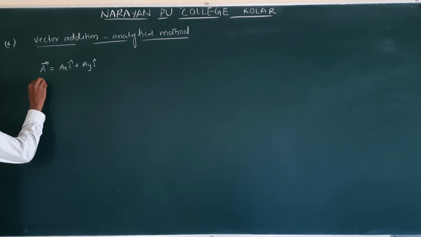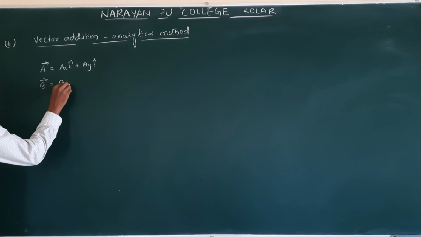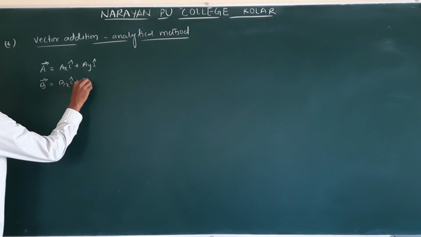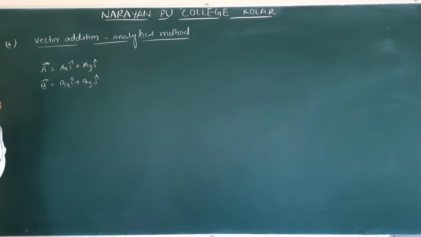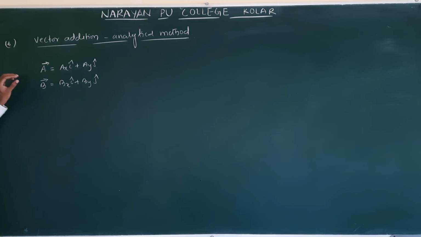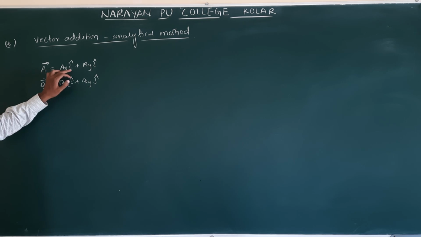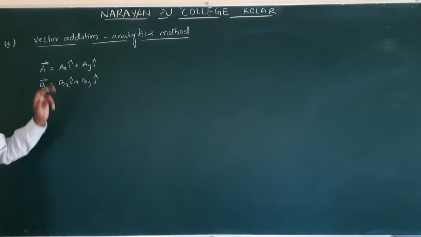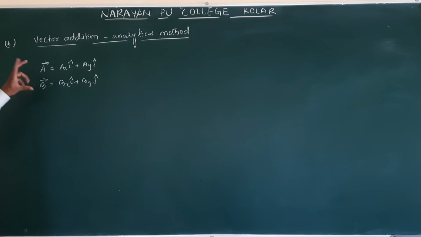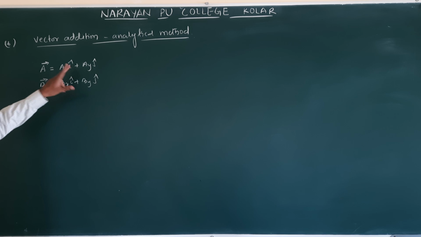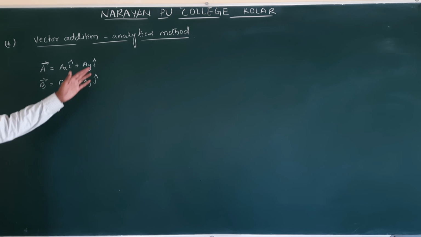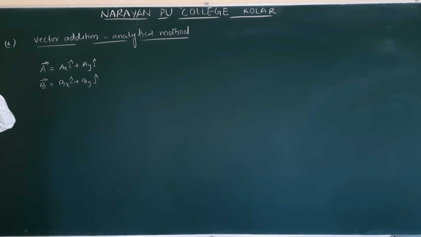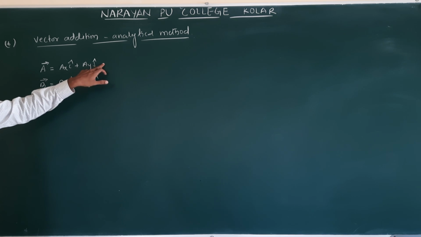Take another vector B. This is Bx i cap plus By j cap. Clear? So already in the last class we have seen how to write the vector in 2-dimensional. That's why I am writing Ax i cap plus Ay j cap and Bx i cap plus By j cap. First we are adding 2 vectors, that too 2-dimensional vectors. We are not considering k cap, that is Az k cap.